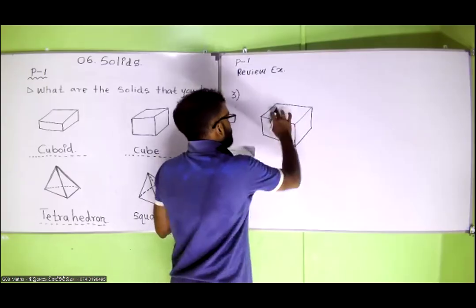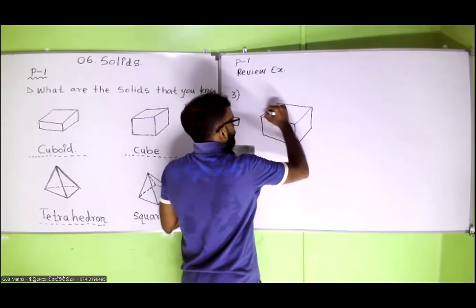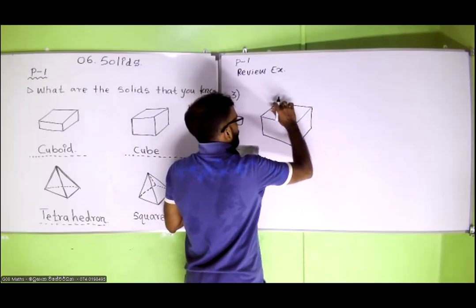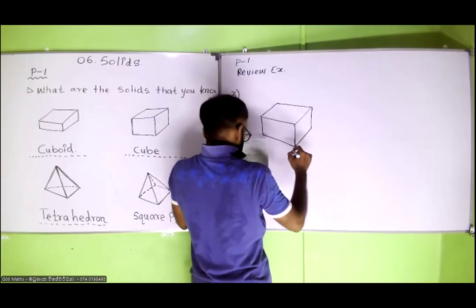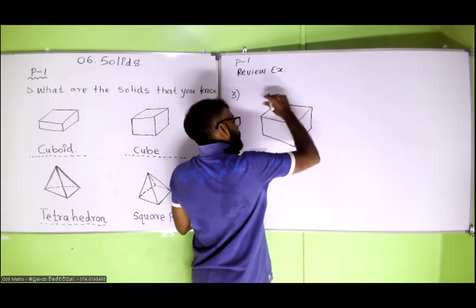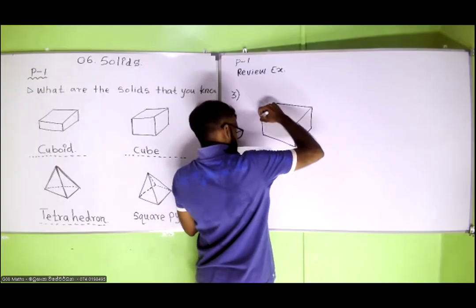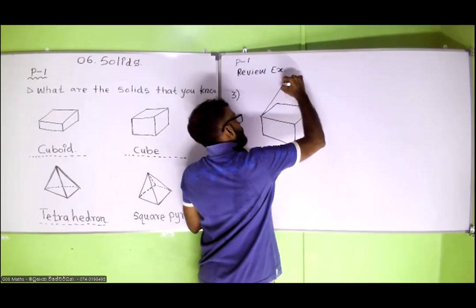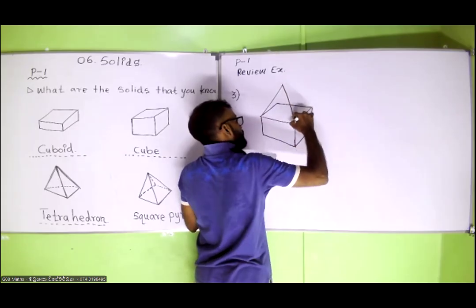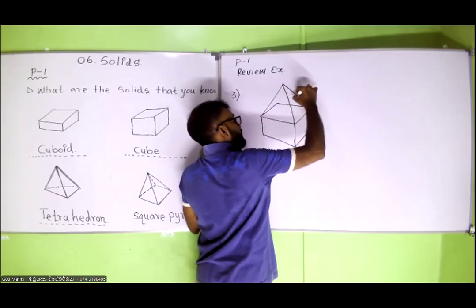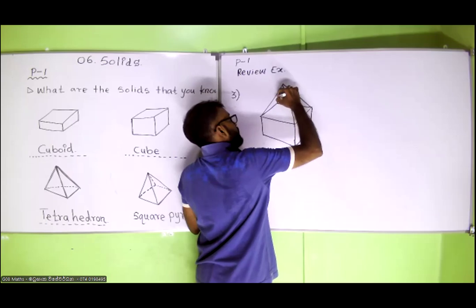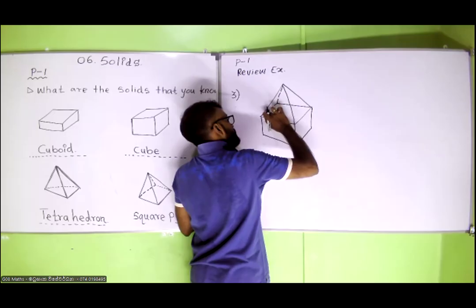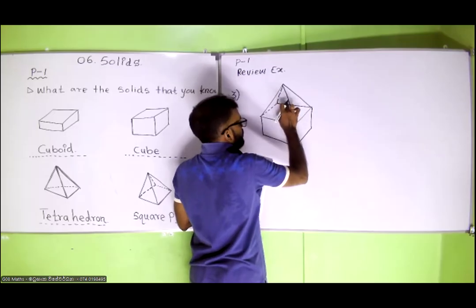Then on top of this cube, we have our regular tetrahedron. Sorry, a square pyramid, right? Square pyramid. So we cannot see these sides.